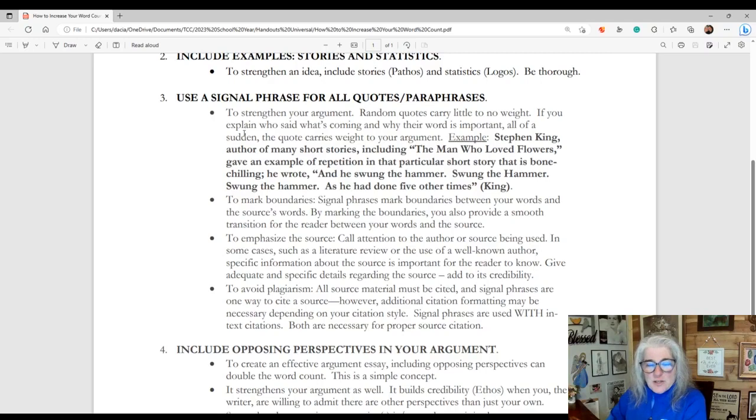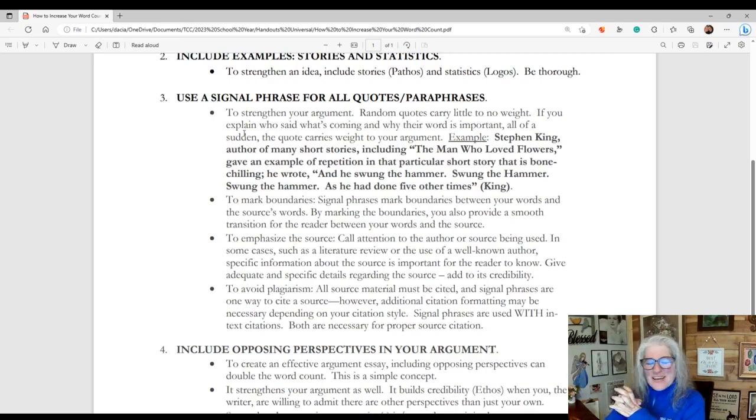But if I give it a signal phrase, if I tell you that Dan Schwabel put together this article for Forbes magazine, he interviewed Mark Murphy, who has written a book called Hire for Attitude about the leadership training that he does and the fact that emotional intelligence is what employers are looking for in the workplace. And then I share the quote. All of a sudden, the quoted material means more. And I've increased my word count.